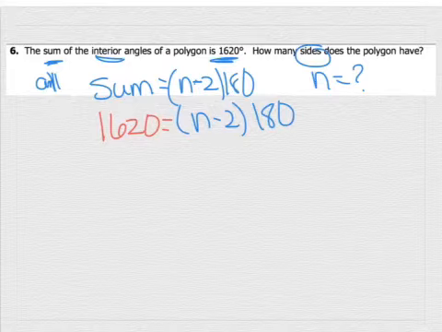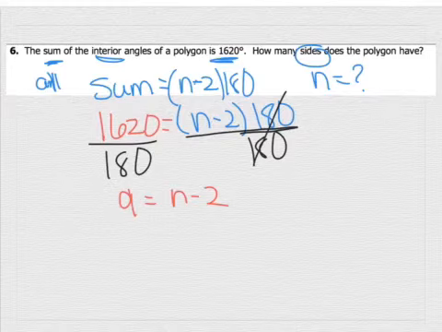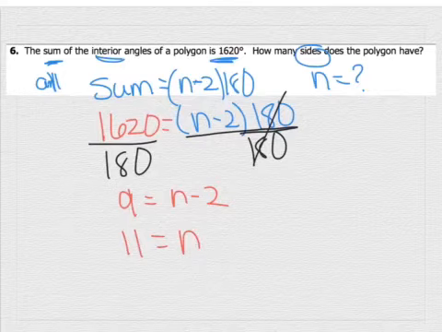This is going to be a little different than what you're used to. We're going to divide both sides by 180, and that cancels out, and we're going to divide this side by 180. So 9 is equal to n minus 2, and if we add 2 to both sides, we get 11 is equal to n. So the question is, how many sides does it have? It has 11 sides.